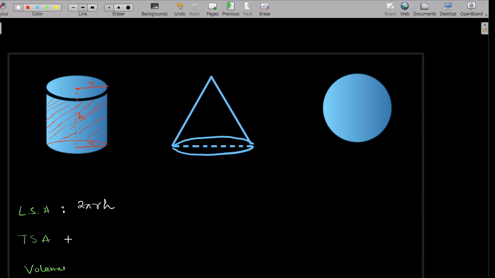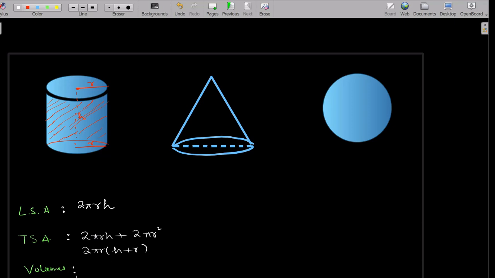And the total surface area will be, you add the, go on. 2 pi r times the height plus 2 times pi r squared. Yes, exactly. And if you want, you can factor out 2 pi r, then you'll get h plus r.